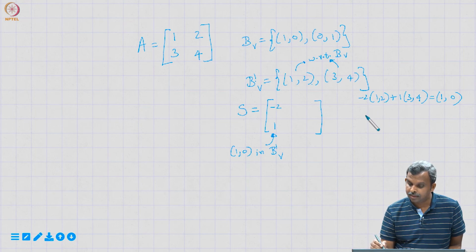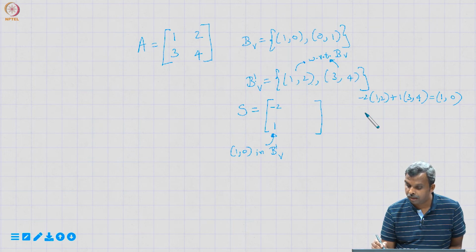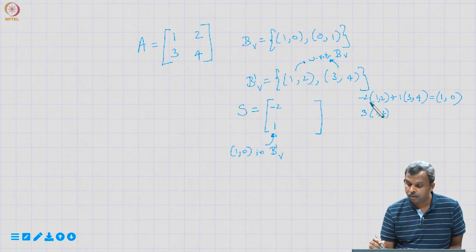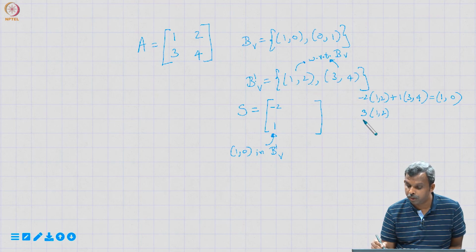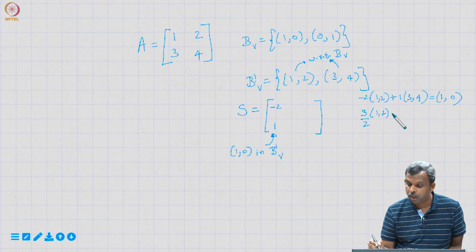The next is (0, 1). I have to get (0, 1). So for that I'll have to do, I think, 3 times (1, 2). If I do 3 times, I'm going to get 0 here. So maybe 3 by 2 times (1, 2) minus 3 by 2 times (3, 4).